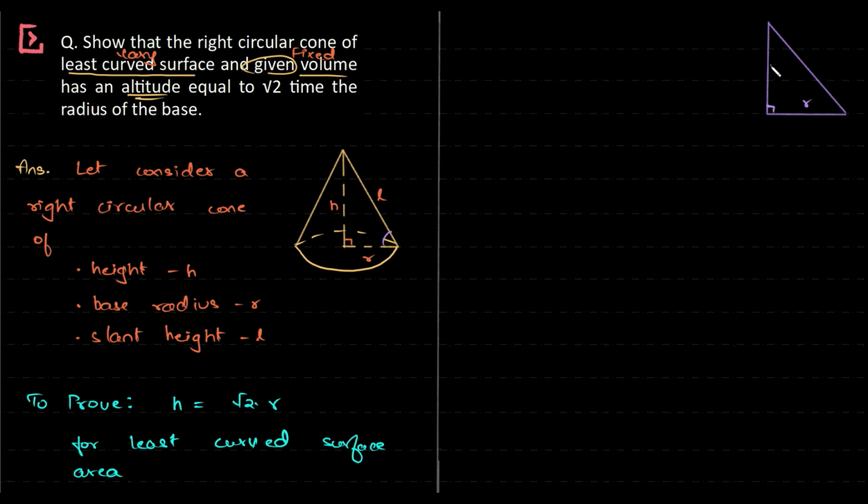This is r, that's h, and I'll take this as theta, and that's L. So we have sine theta is equal to opposite by hypotenuse, cos theta is adjacent by hypotenuse, and tan theta is opposite by adjacent. So this is all from the figure.